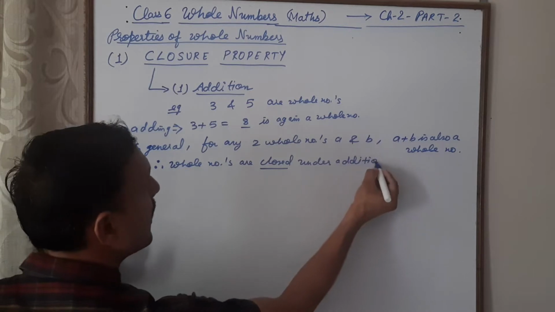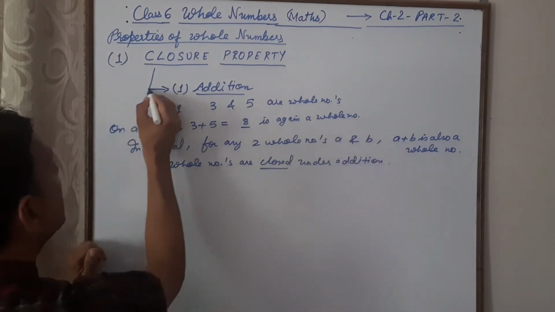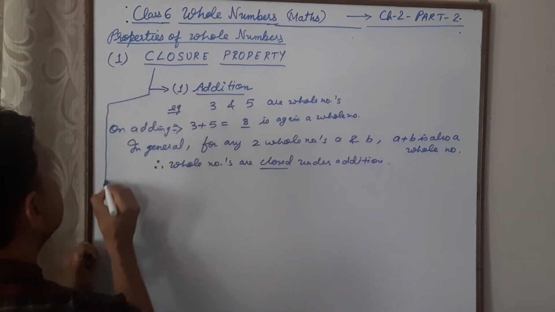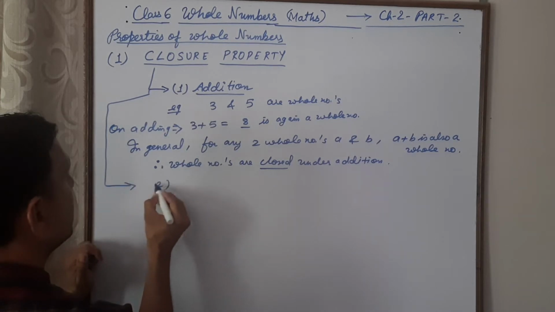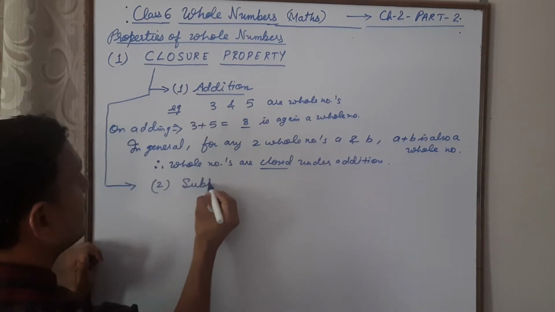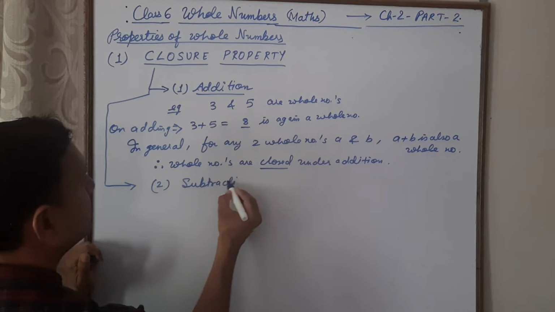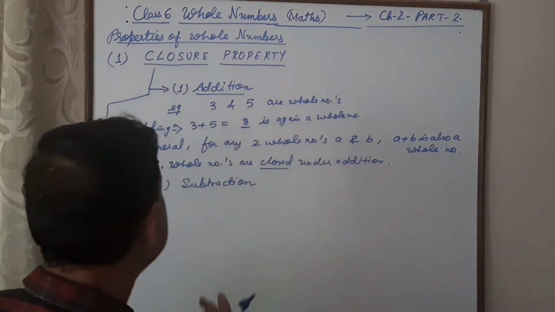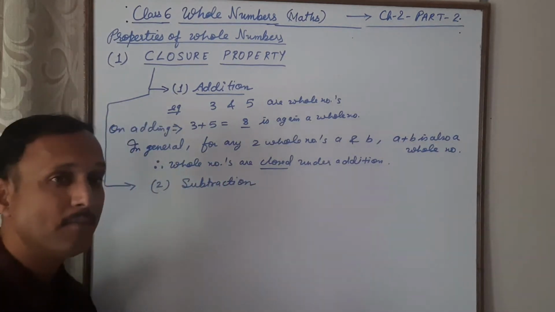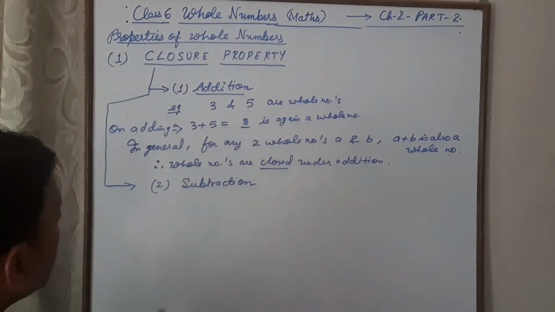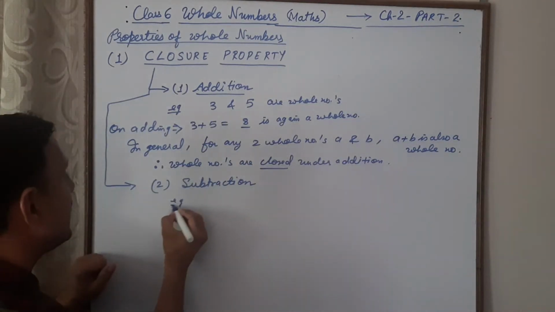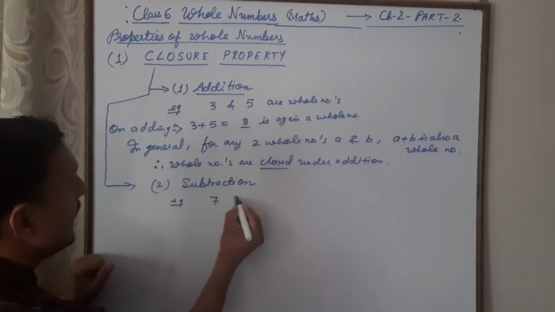Now let us see the second one, and that is subtraction. So let us check whether subtraction holds for whole numbers or not. Again let's take an example. I am taking example 7 and 9.